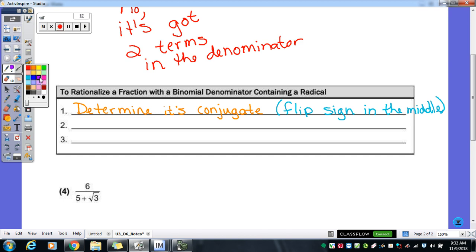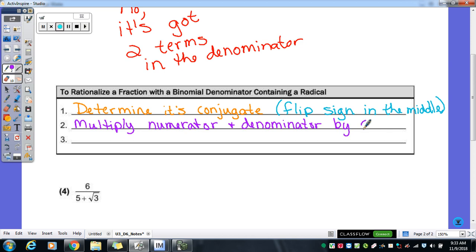So second step, multiply numerator and denominator by the conjugate. And then your third step is always to reduce. Last step, always reduce.